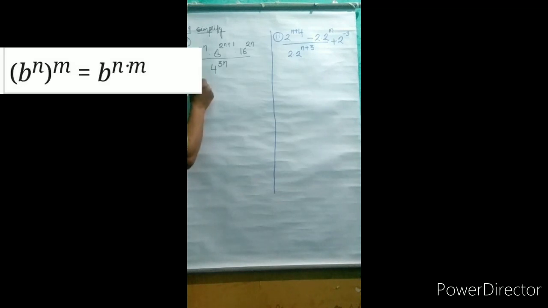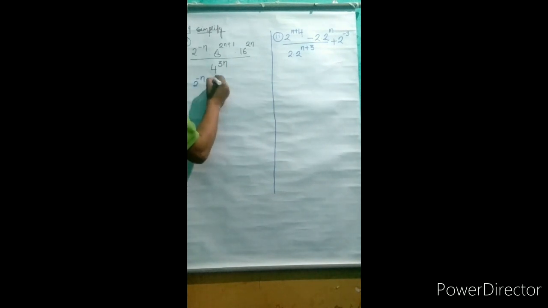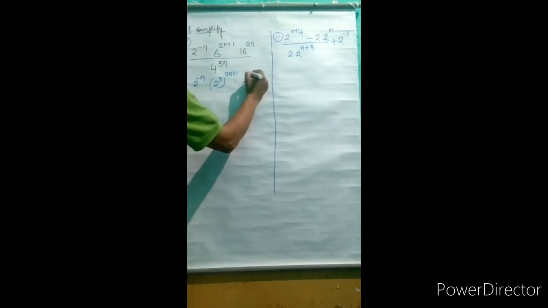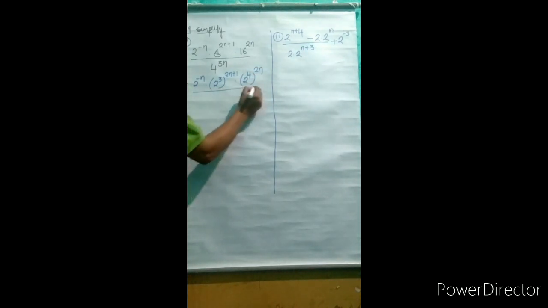Here it is already in the base of 2, so you can write 2 raised to power minus n. Here we can write 2 raised to power 3 whole power 2n plus 1. Here you can write 2 raised to power 4 whole power 2n, and here also you can write 4 as 2 raised to power 2, whole power 3n.